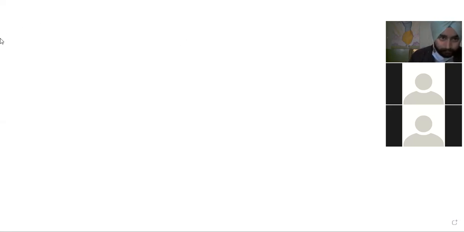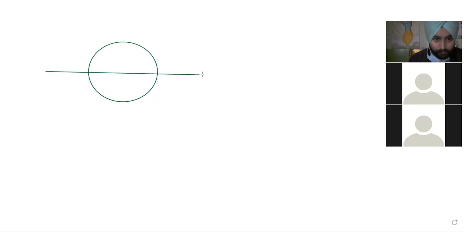So here we have the question. A dust particle is inside a sphere. तो मैं यहाँ पे बना देता हूँ डायग्राम. So here we have, and this is your axis.